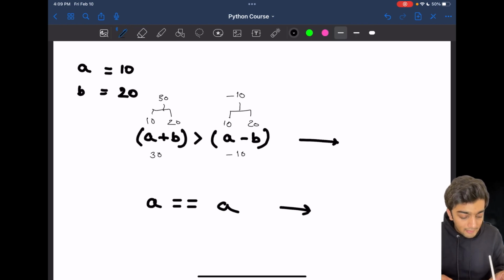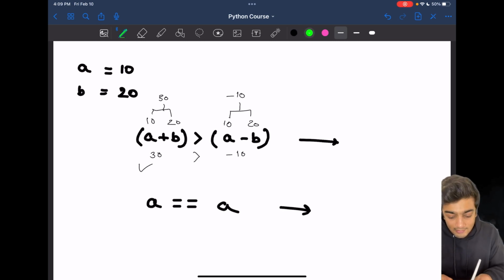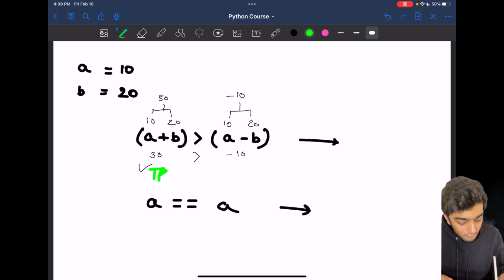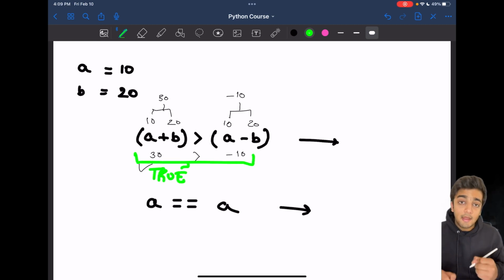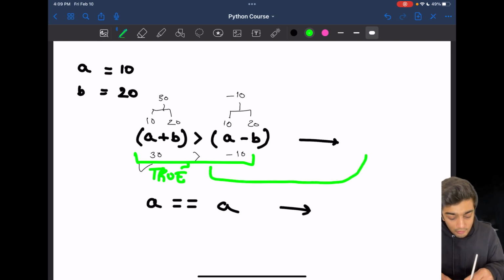So obviously 30 is greater than negative 10. That is correct, which means that that is true. This condition is true. Now, when we say that a condition is true, it means that it actually works that way. In this case, 30 is greater than negative 10, so the whole condition is true, and therefore your final result for this whole condition would be true.